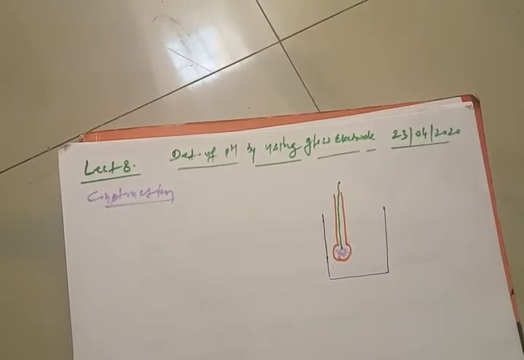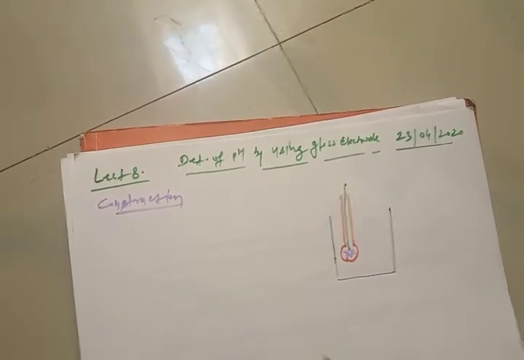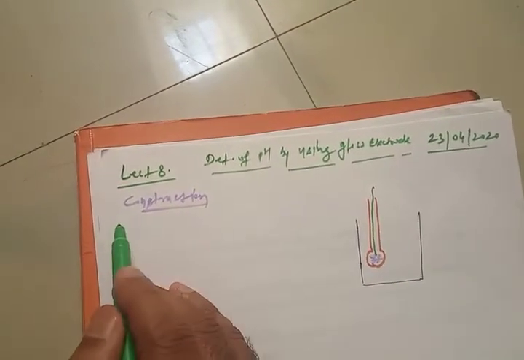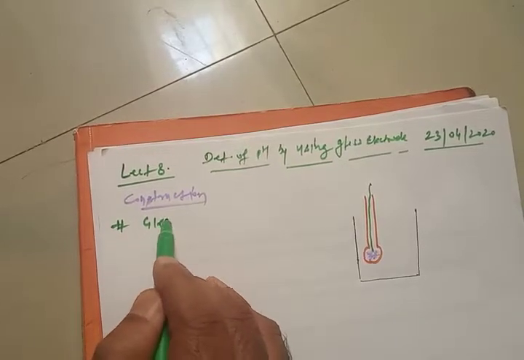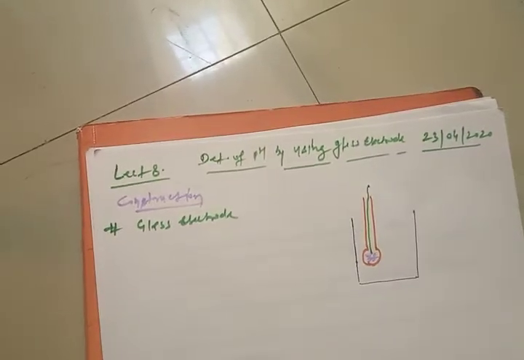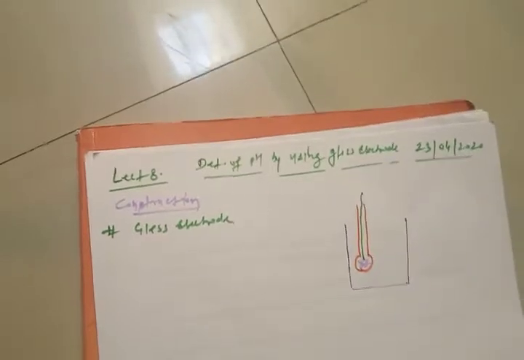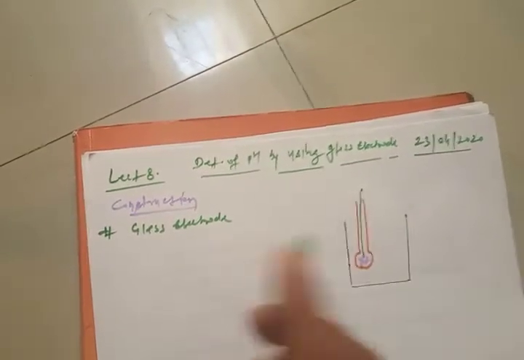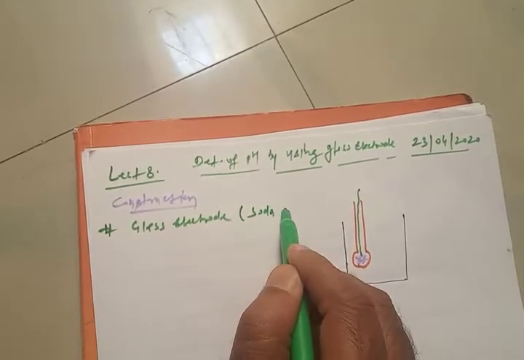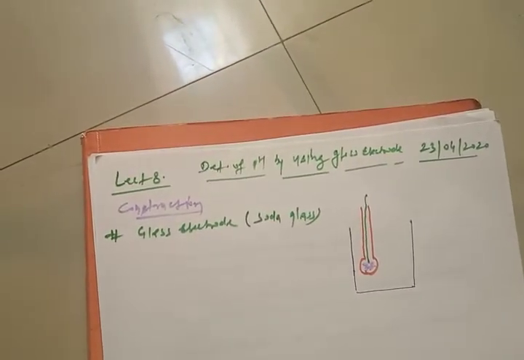So what is the glass electrode? First we should understand what a glass electrode is. This is your glass electrode. It is mainly made from glass, of course. We have different types of glass electrode, I'm talking about the glass type. Soda glass is one of the types, otherwise it has different types also.